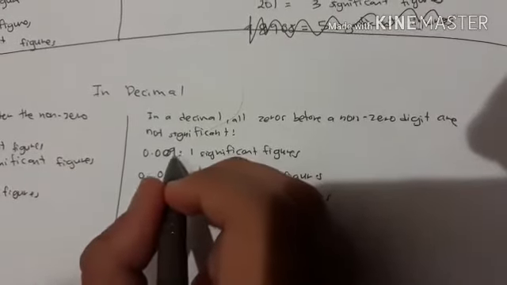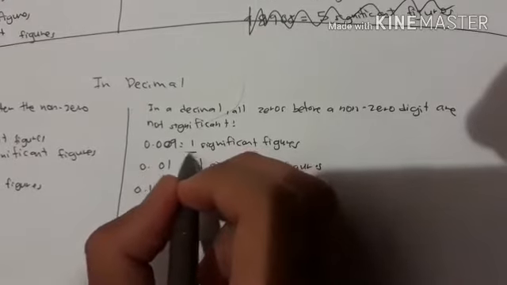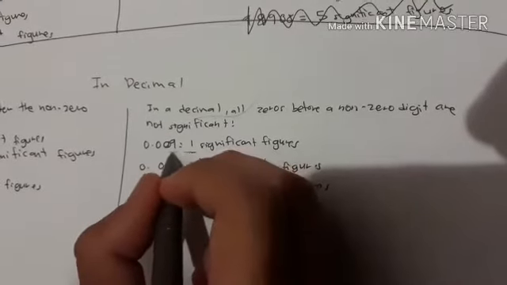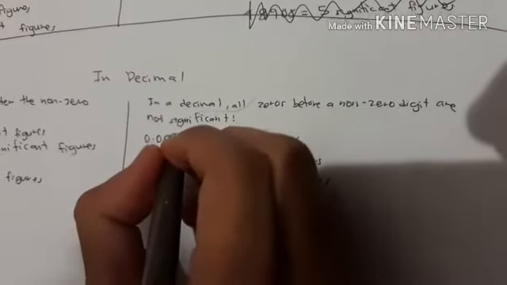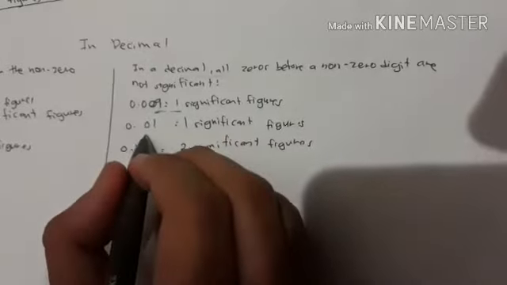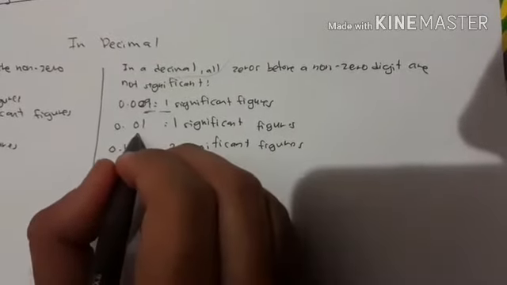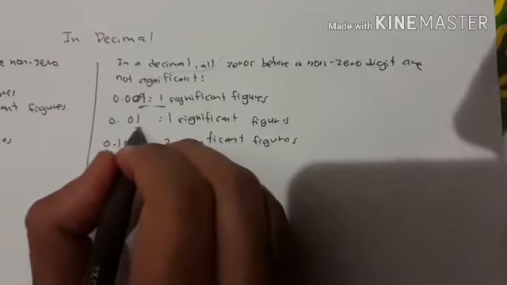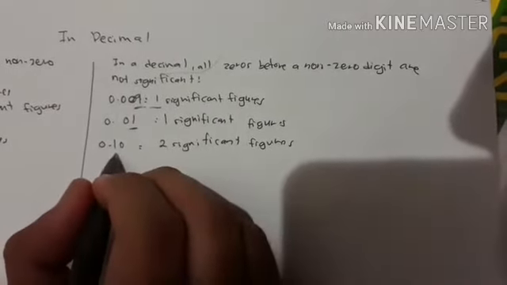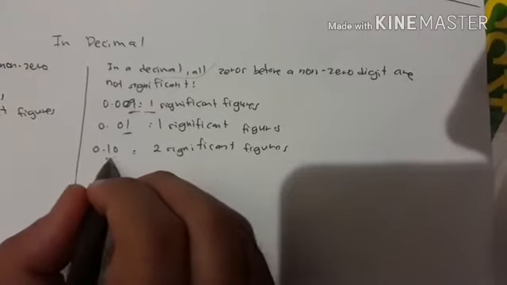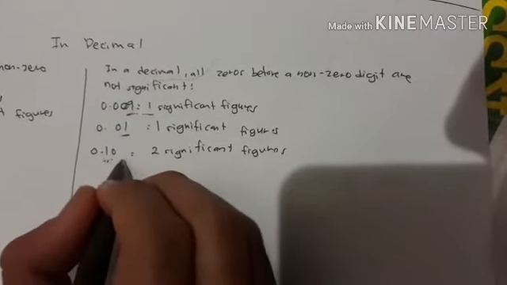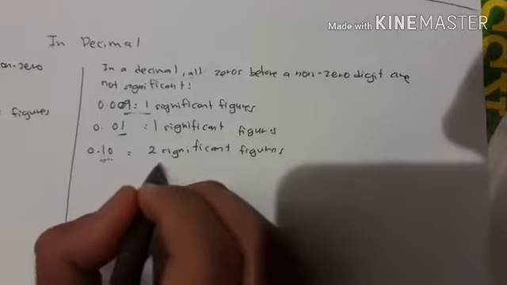Like this, it has one significant figure because it has only one number, so 1. The second is 1 also, because we start counting at this. But if we start at this, we need to count the number behind it, so 1, 2, so it has two significant figures.